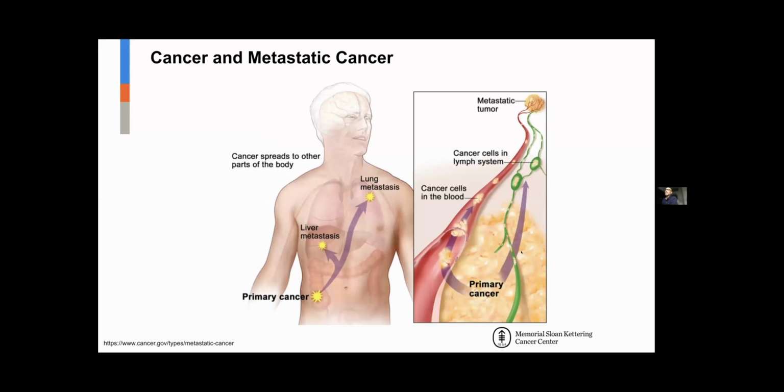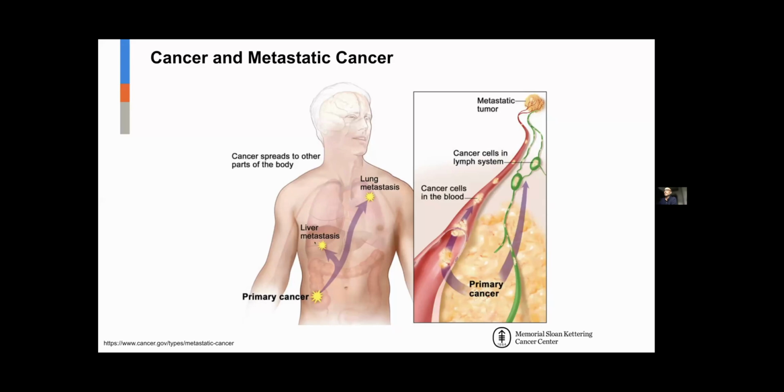And the metastatic part: you can have a primary cancer in the body, let's say in the colon, and those same set of cancer cells can move or spread to other parts of the body. Liver and lung metastases are very common for patients with colorectal cancer.